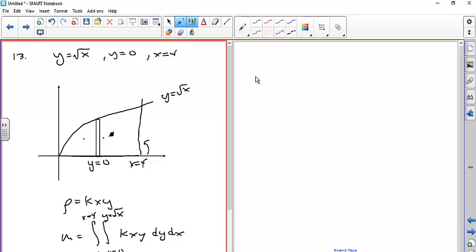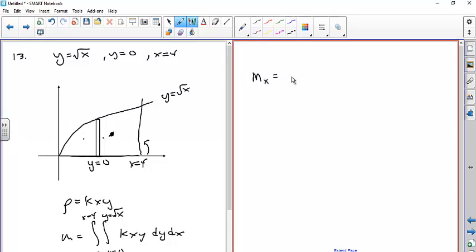Okay, so let's formulate what we have here. The moment of mass around the x-axis is going to be the integral over the region, which has the same limits as before. So it goes from 0 to 4, and from 0 to the square root of x. We put the density in, but we multiply by y.